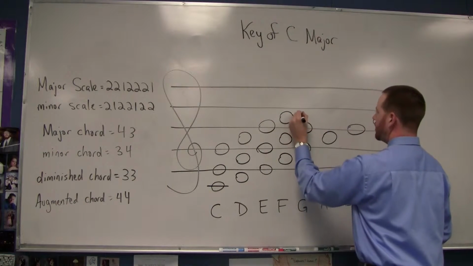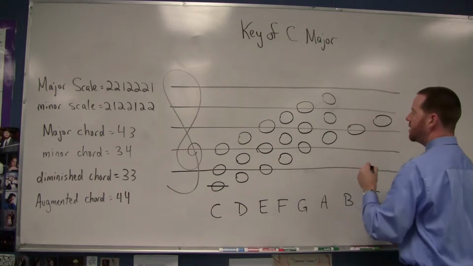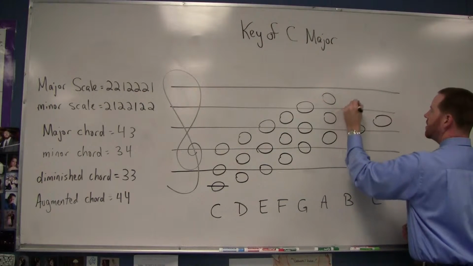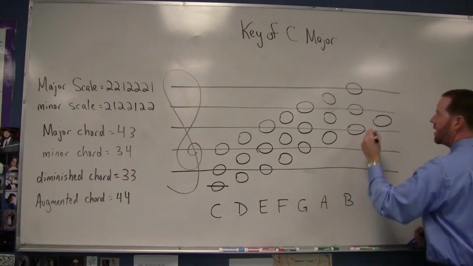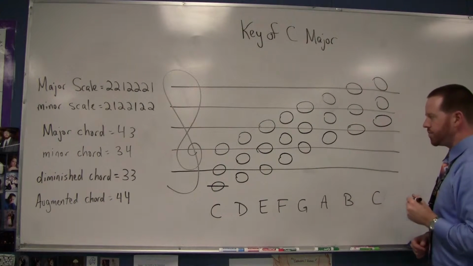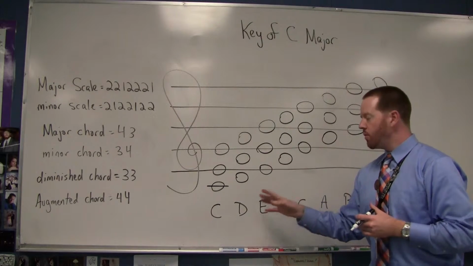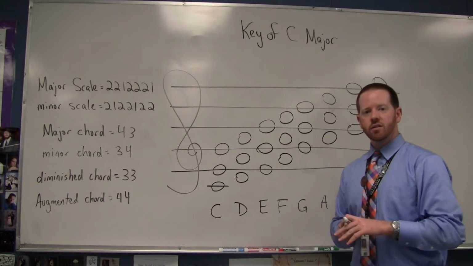A, C, E, B, D, F, and lastly we're back to C, E, and G again. So these are the chords of the key of C major, but we didn't name them yet, so that's the next step.